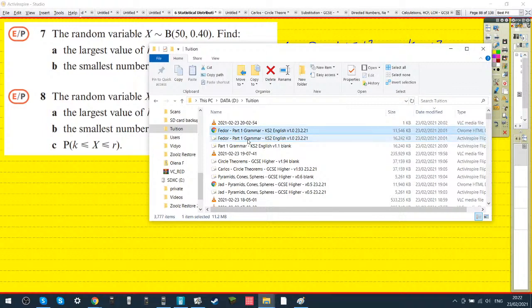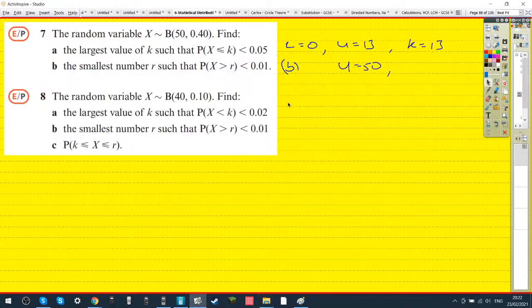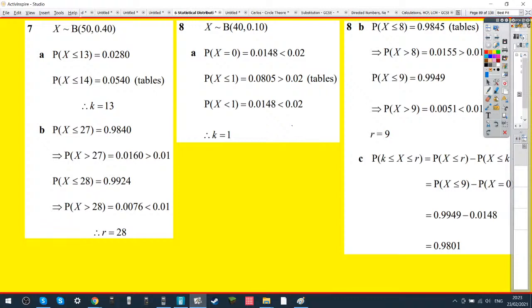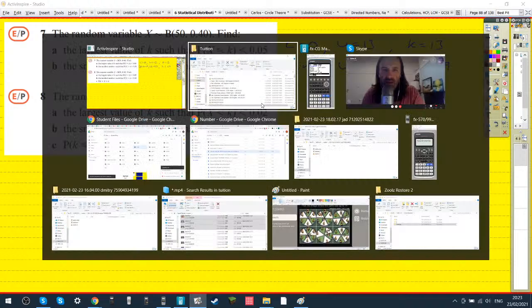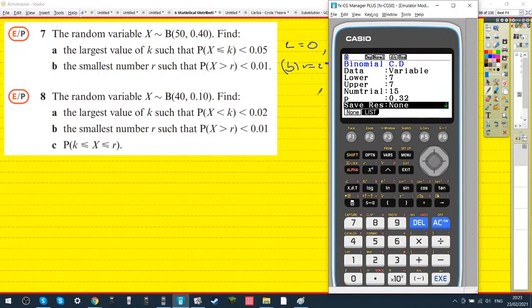I got 29. So lower is 29. And so R is 29. Let me just see. 13. 28, they are saying. Did you try 28? Yeah, I got 0.016. Let me see this one.